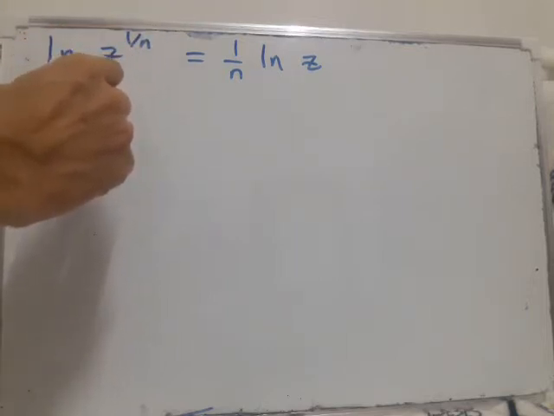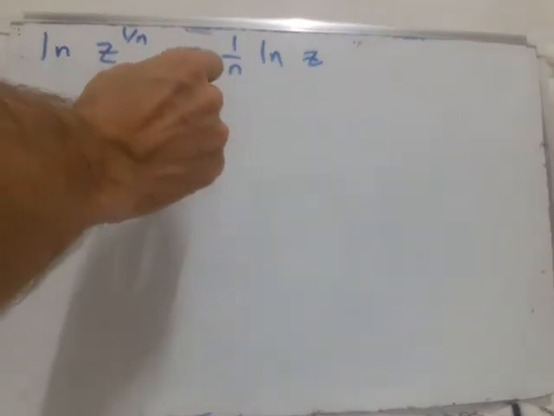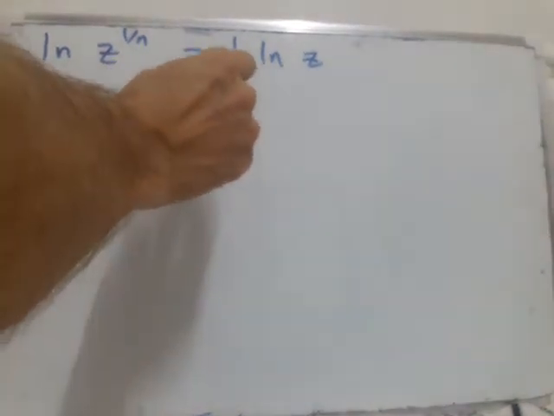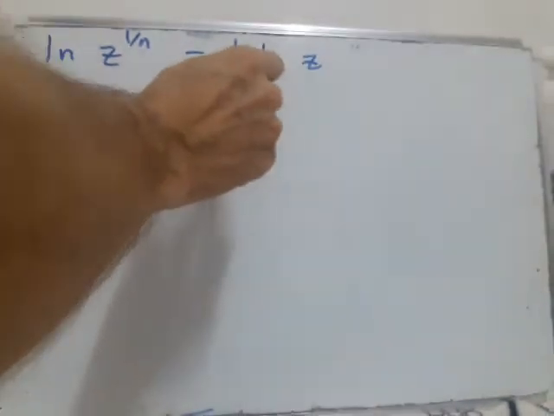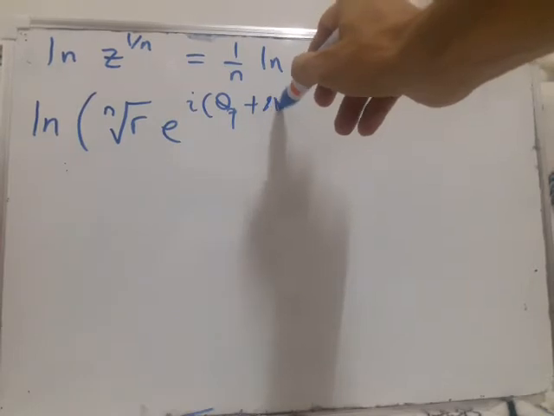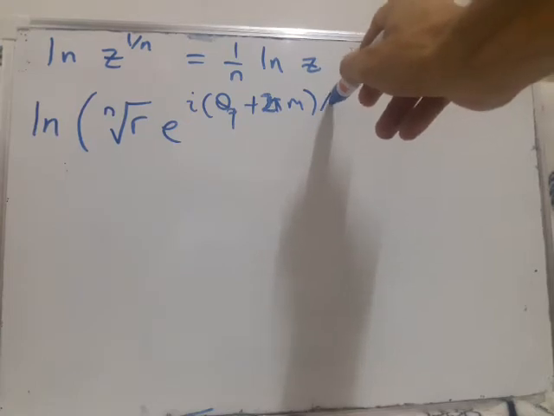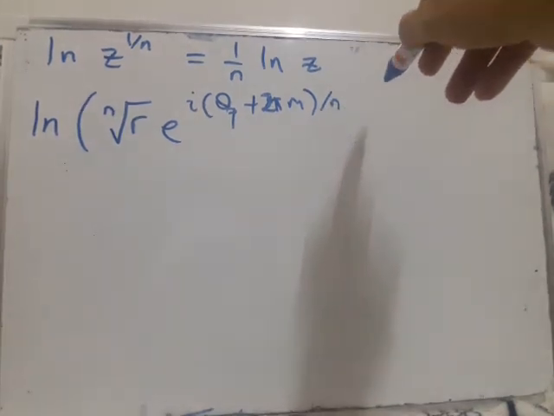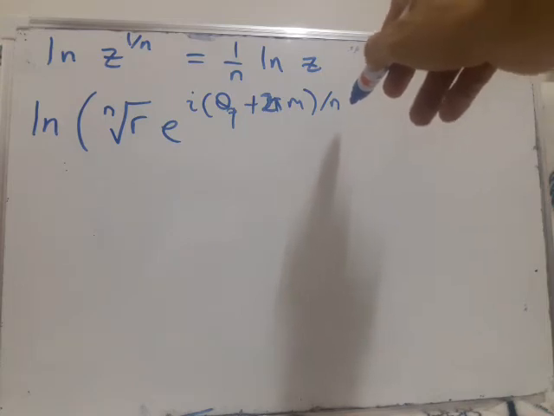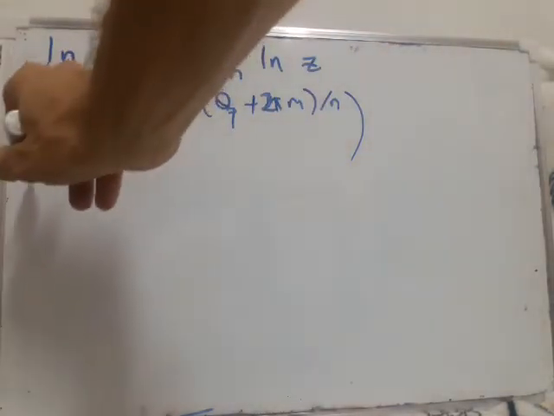So we take the nth root of r, and we've got e to the i theta plus 2 pi m, and then all of this divided by n. So what does that give us?